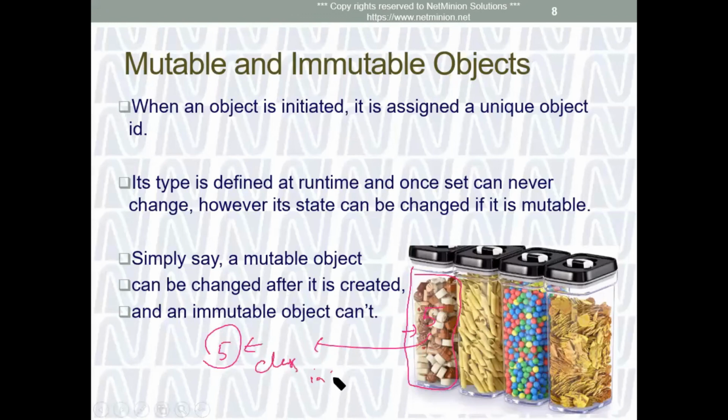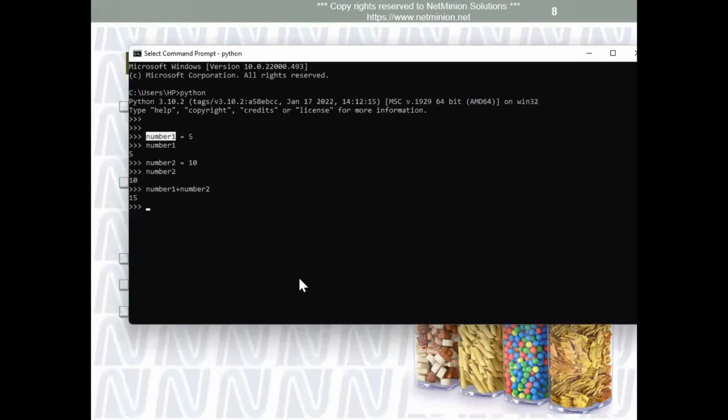It could be integer, string, list, or a different class. To get that, there is an inbuilt function named type. I will say print type of number1. And this belongs to whom? Class integer.